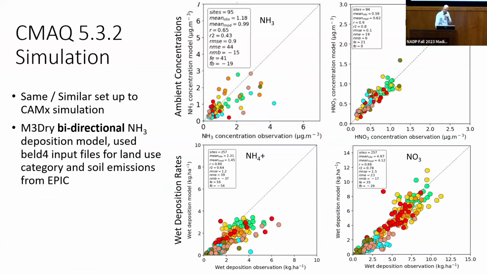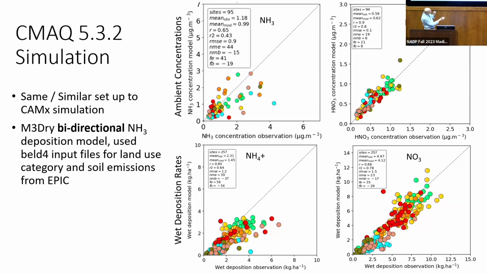So Gustavo, very good modeler, fired up CMAQ, and we ran that using the same inputs, but now we were using the M3 dry mechanisms with a bidirectional ammonia. This is the same comparison I showed, but for the CMAQ: now we're underestimating ambient ammonia by 20%.